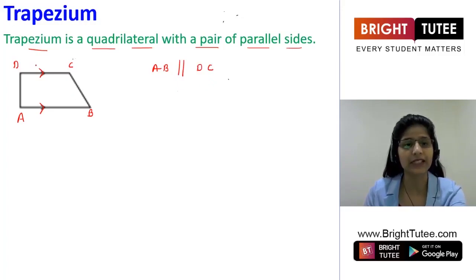Here we see that it is a four-sided figure, a closed figure, or I say four-sided polygon. That means it is a quadrilateral, right? And having one pair of parallel sides, so it is known as a trapezium. Figures like this are called trapezium. Clear? So this is the first type of quadrilateral that I am going to discuss in the class.